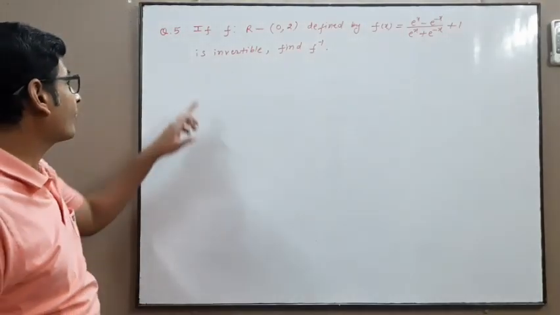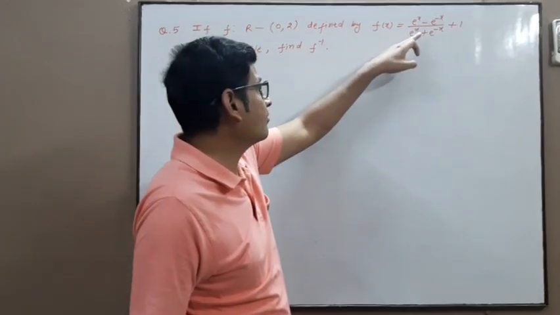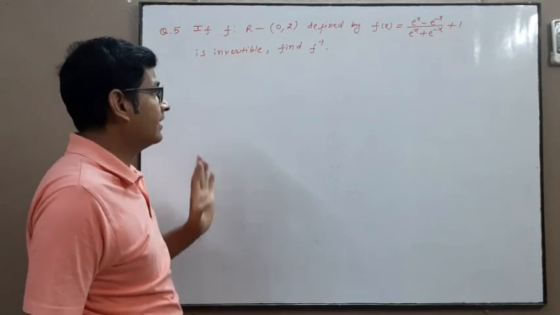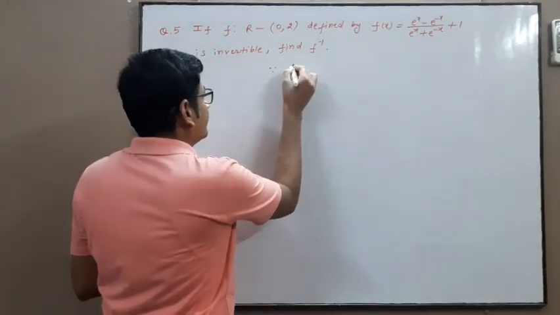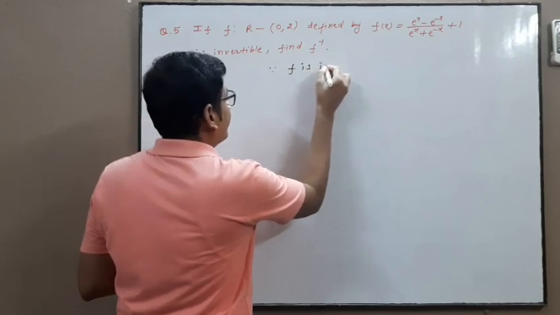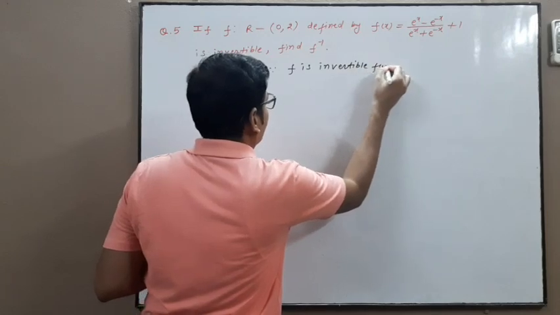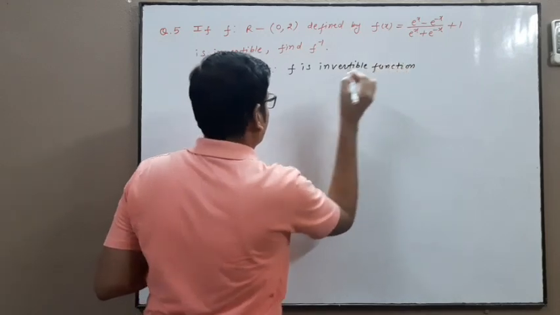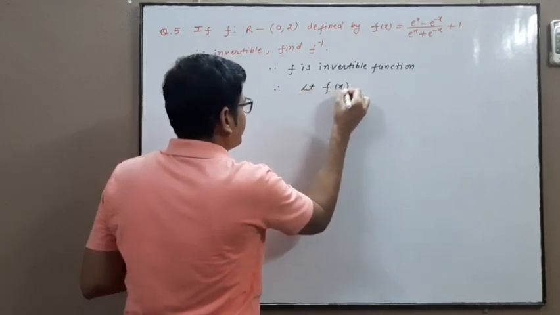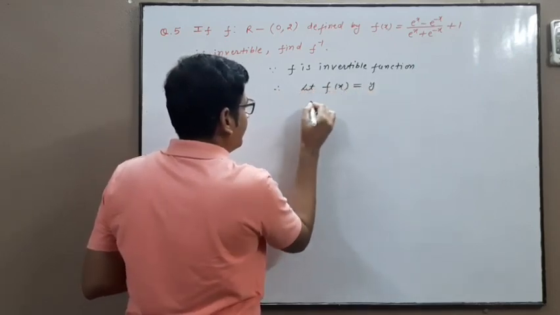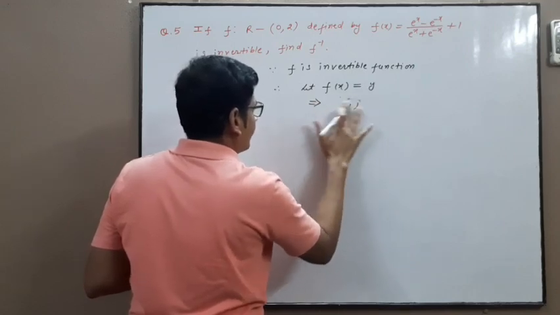Next problem. If f is a function from R to this defined by f(x) equal to this is invertible, find f inverse. Since f is an invertible function, therefore let image of x under f equal to y implies pre-image of y is equal to x.